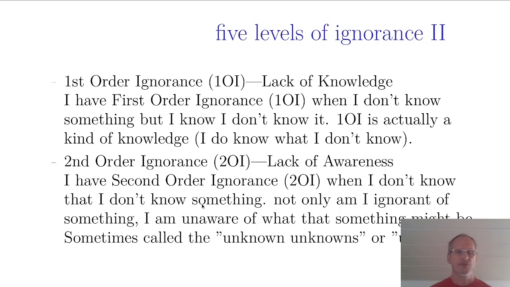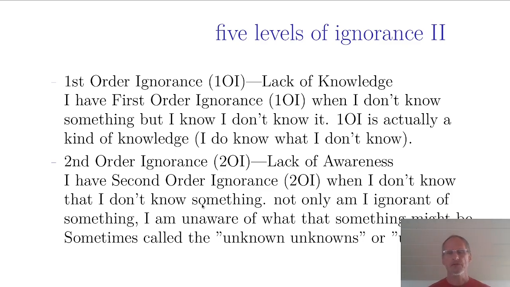When we have first order ignorance, we lack knowledge. That is still a relatively simple state to describe. So I have first order ignorance when I don't know something, but I know I don't know it. How high is the Eiffel Tower? Well, I know that I don't know that, so I have to look it up.